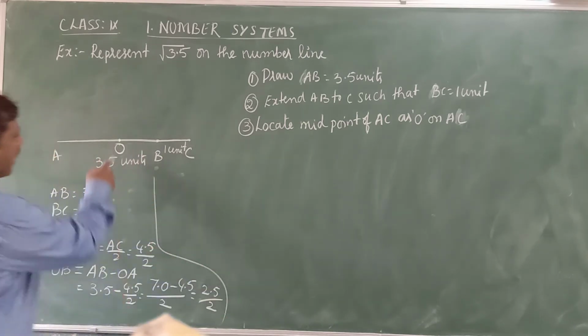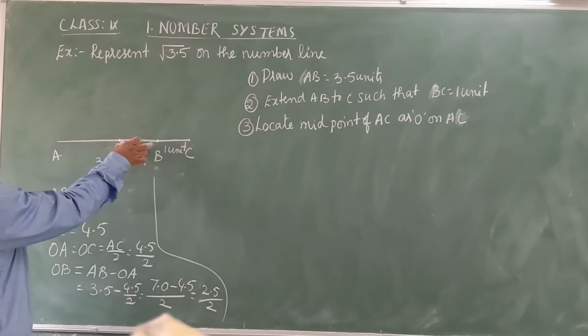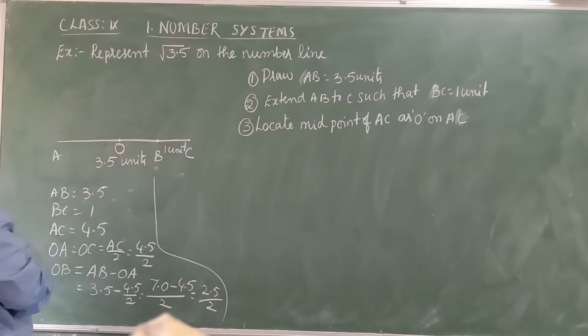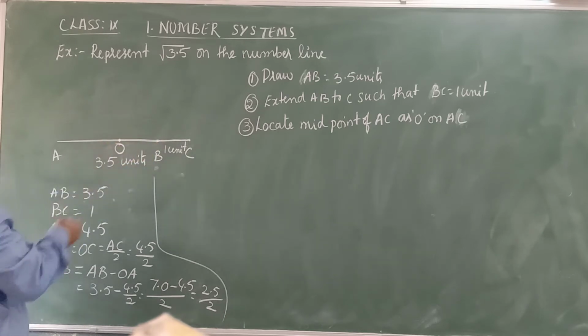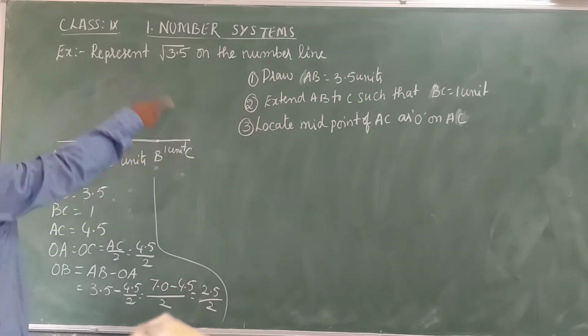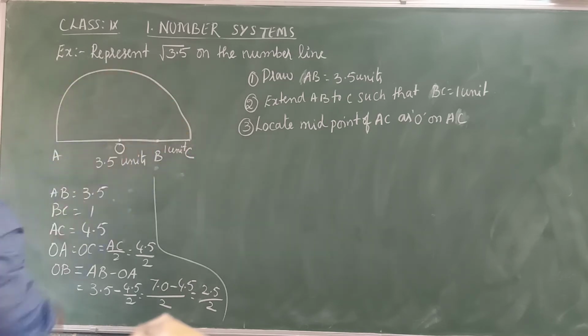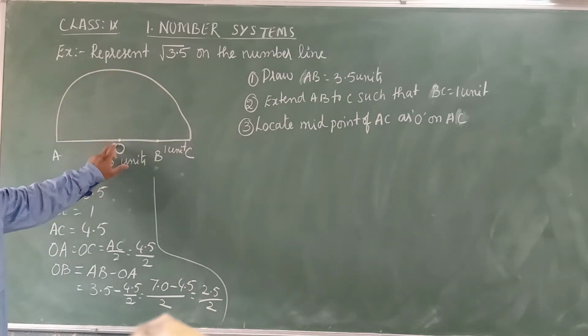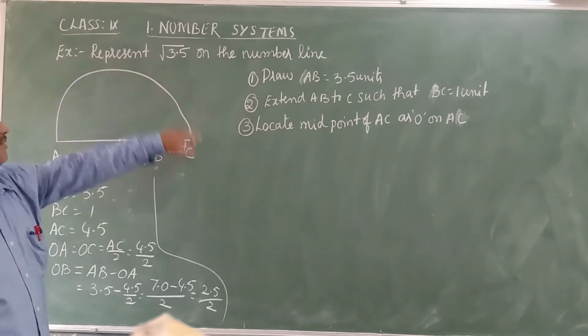Now after locating the midpoint, taking O as the center and OA or OC as the radius, draw a semicircle.